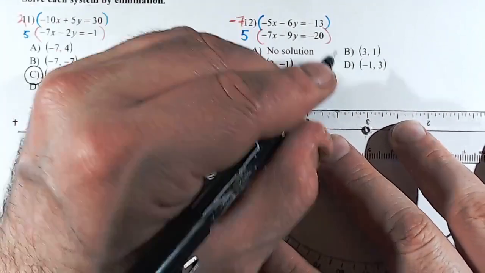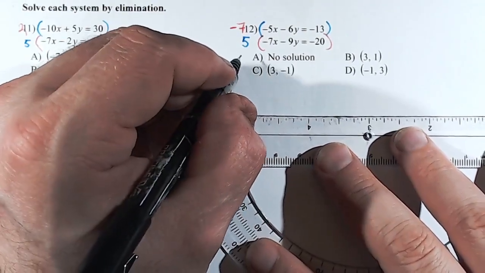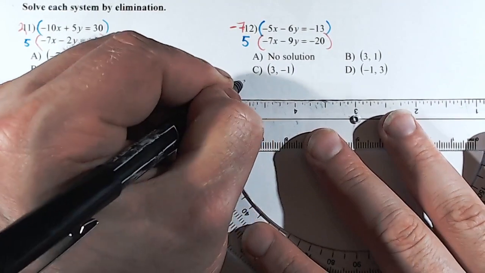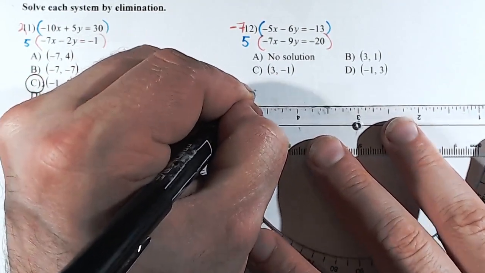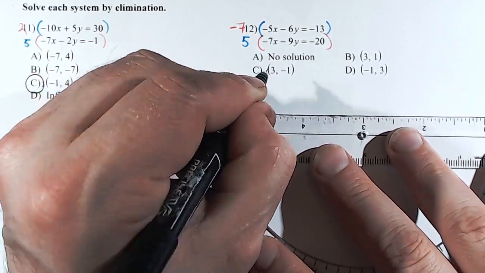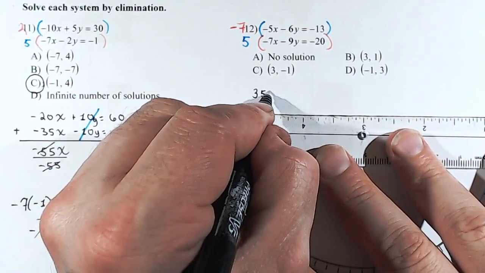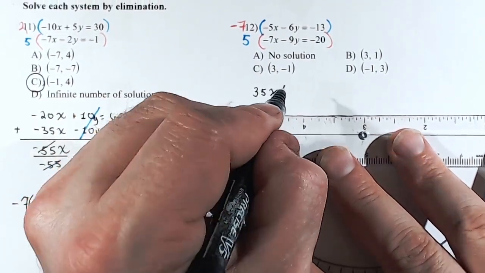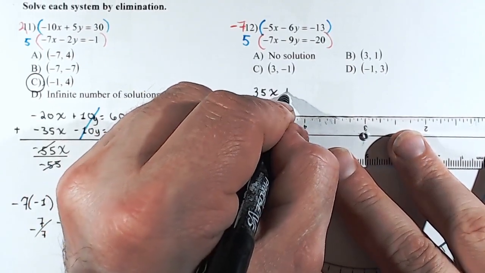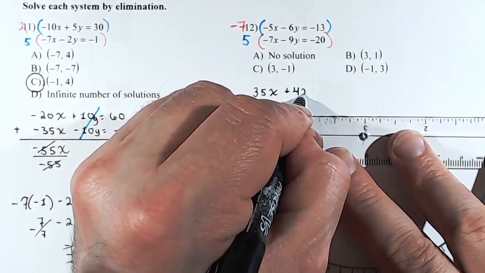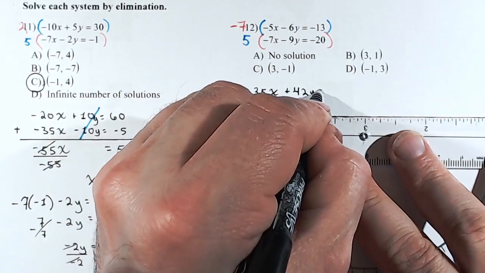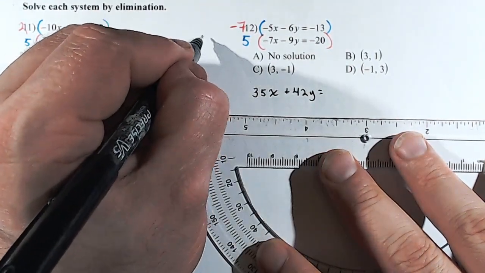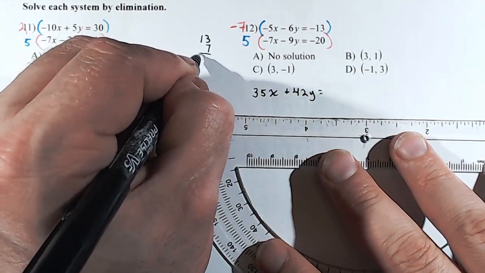Now, let's distribute and rewrite. So negative 7 times negative 5x is positive 35x. Negative 7 times negative 6y is positive 42y. Okay, and I have absolutely no idea what negative 7 times negative 13 is, so we'll do 13 times 7.